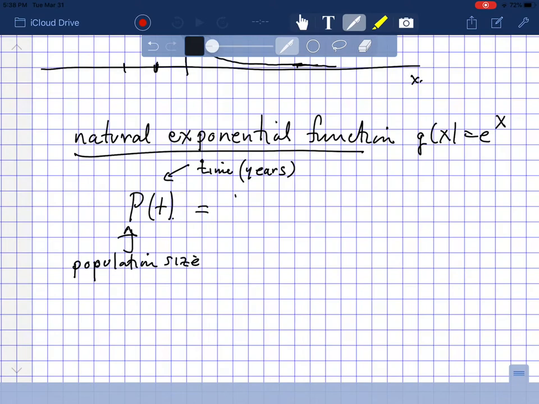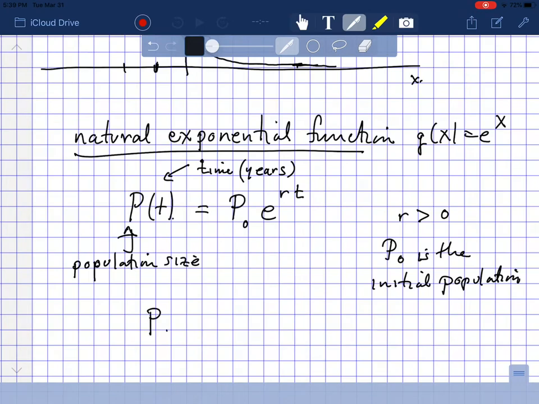This is often represented as P sub 0 times e to the rt, where r happens to be a positive number, all right? And P sub 0 is the initial population.